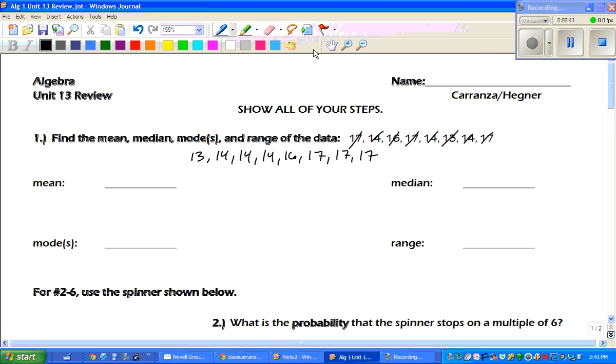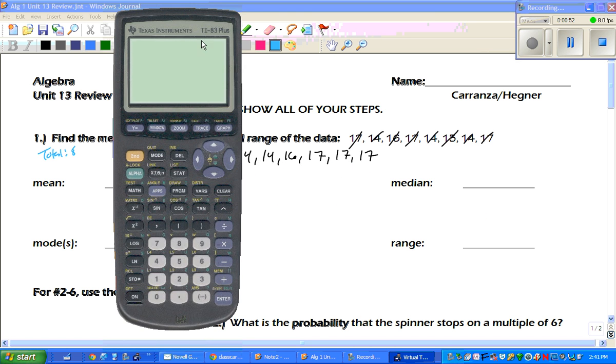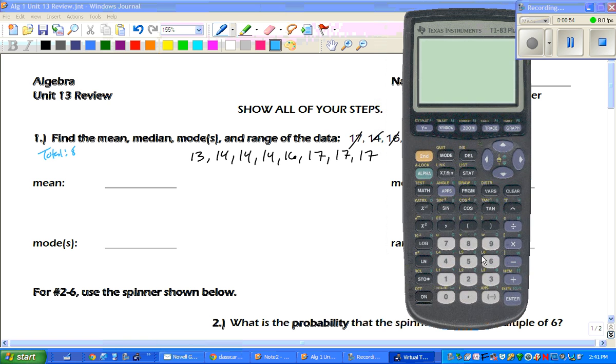Okay, how many numbers do we have altogether? We should have a total of 8. So when I'm finding the mean, or the average, you want to add up all of those numbers individually. So 13 plus 14 plus 14 plus 14 plus 16 plus 17.